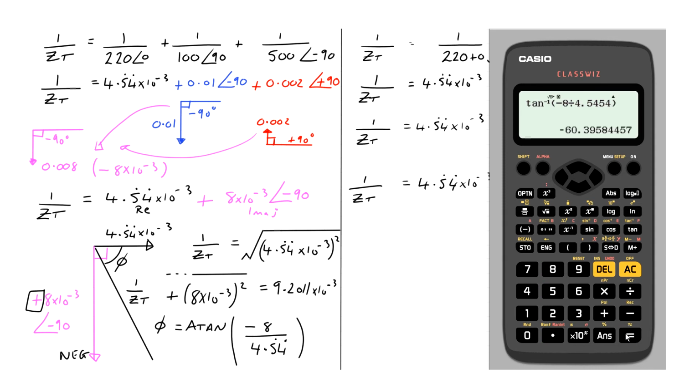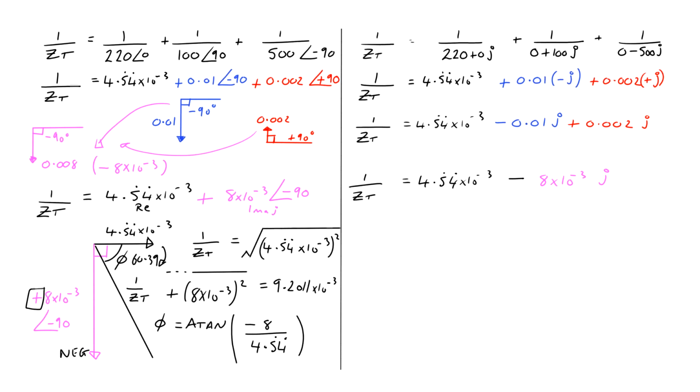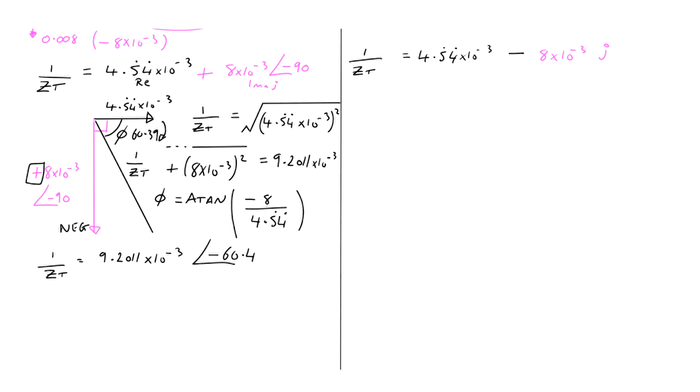Gives us an angle of about minus 60.4 degrees. So 1 over ZT is 9.2011 times 10 to the minus 3 at an angle of minus 60.4 degrees.